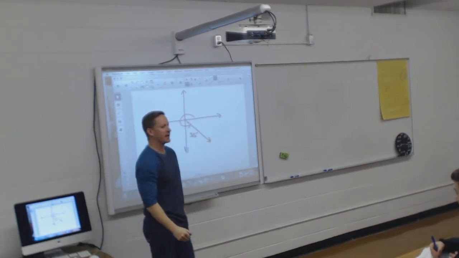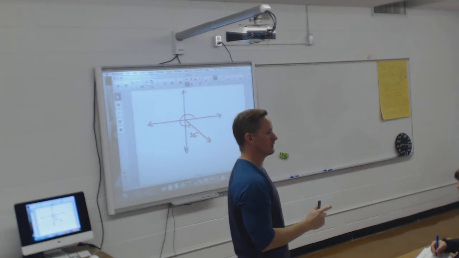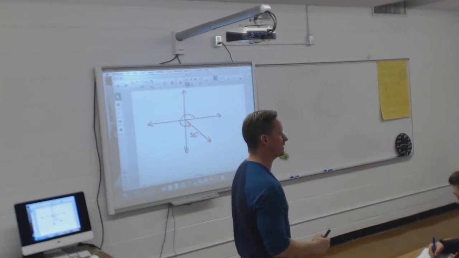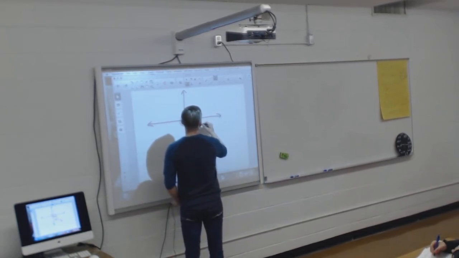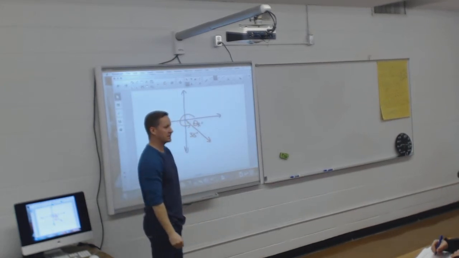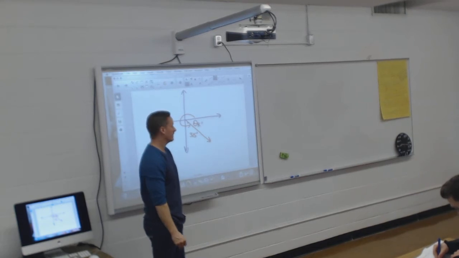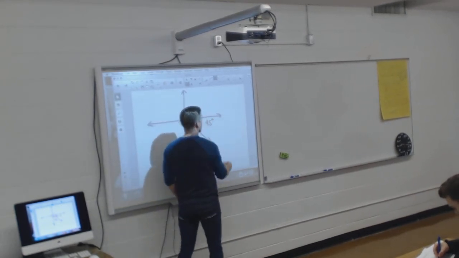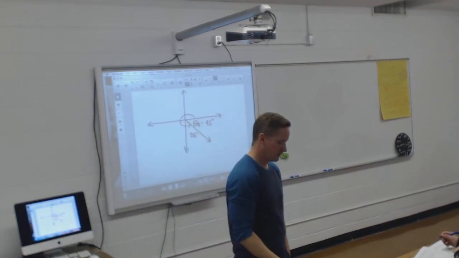Where is my reference angle located at all times? To the x-axis. That's exactly correct. So how would I then find out what my reference angle is right here? Subtract that from 360, which gives me 45 degrees. There's my reference angle. Very easy stuff so far.